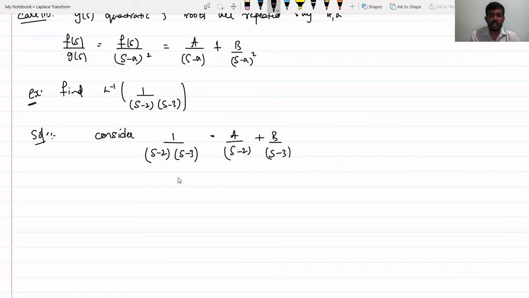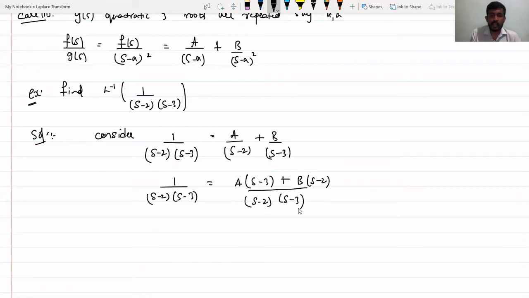Now I take the LCM: 1 by s minus 2 into s minus 3 equals A into s minus 3 plus B into s minus 2, divided by the LCM s minus 2 into s minus 3. I can cancel out s minus 2 and s minus 3 on either side.